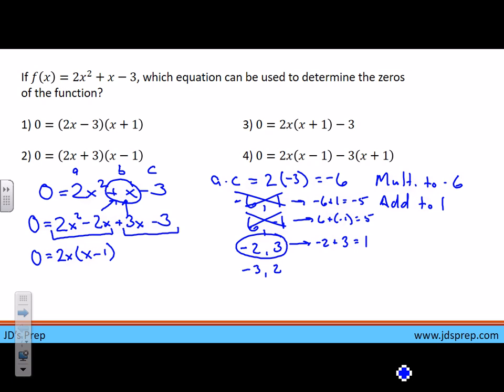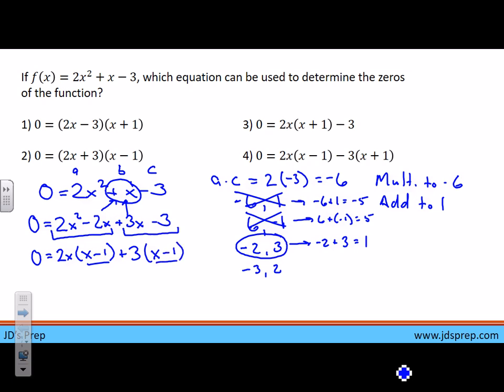Now when I move on to the second half, the 3x minus 3, I want to factor out a common factor from those two that will also leave me with this x minus 1 for that half. In this case, their common factor is 3. If I factor out that common factor of 3 and divide each of those two terms by 3, 3x divided by 3 will leave me with x, and negative 3 divided by 3 will leave me with minus 1.